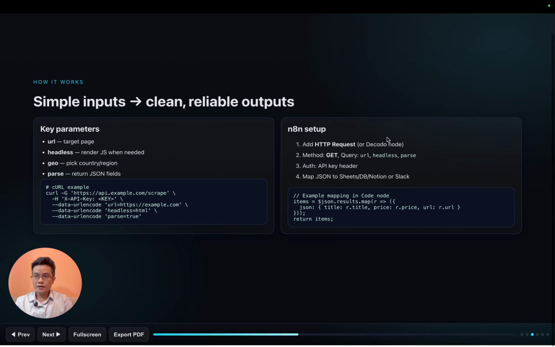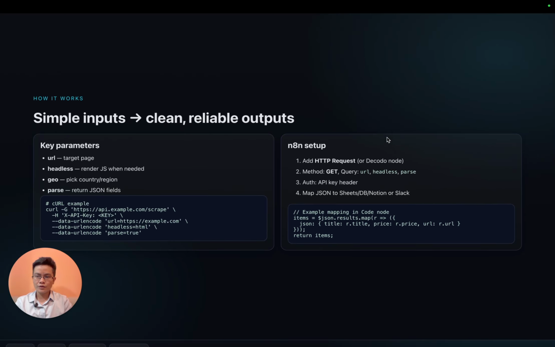So how are we going to work with it? You need the URL, headless is optional, whether JavaScript rendering is needed or not, the geography, and then JSON parsing. With the n8n setup, we can use the built-in node or the custom HTTP request like I said before.